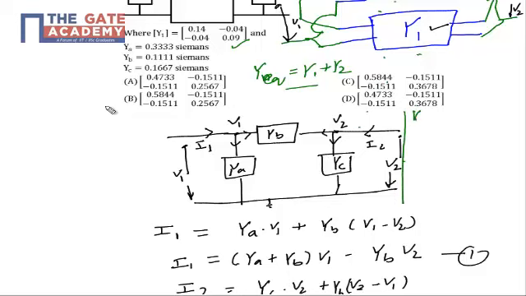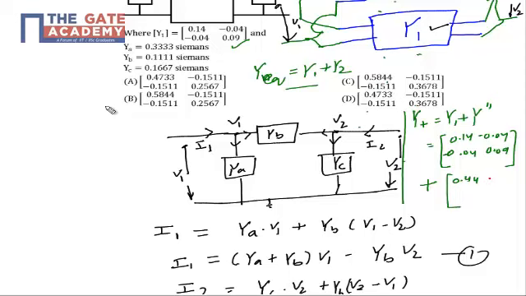So my Y total will be Y1 plus Y double dash, which we have just calculated. Y1 is 0.14, minus 0.04, minus 0.04, 0.09, which is given in the question. For the parameters we have just found, put the values of YA, YB, YC in the expression and you will get 0.44, minus 0.11, minus 0.11, and 0.277.